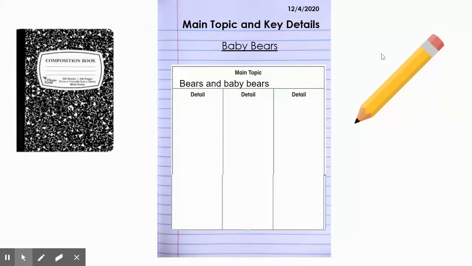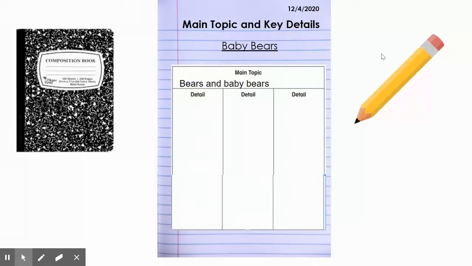All right, second graders, here we are. You may have noticed that as I switched this slide, I have already included our main topic. Now, our main topic is bears and baby bears. I know this because we read the story yesterday, and we learned that the story was mostly all about bears and their babies.